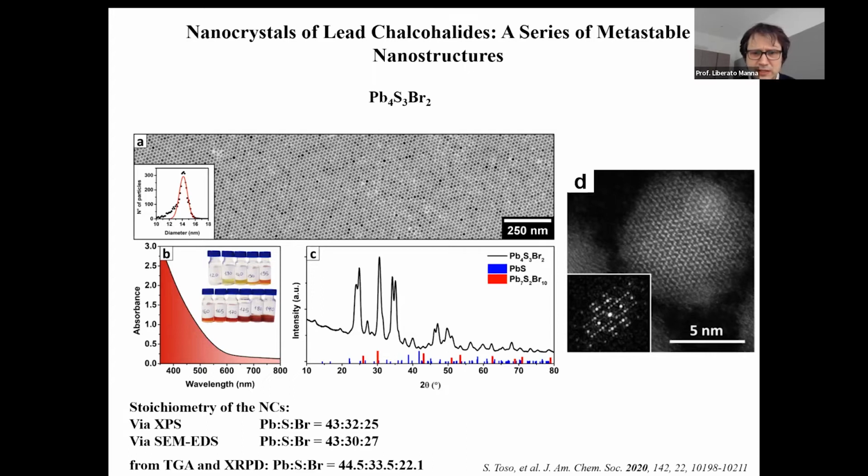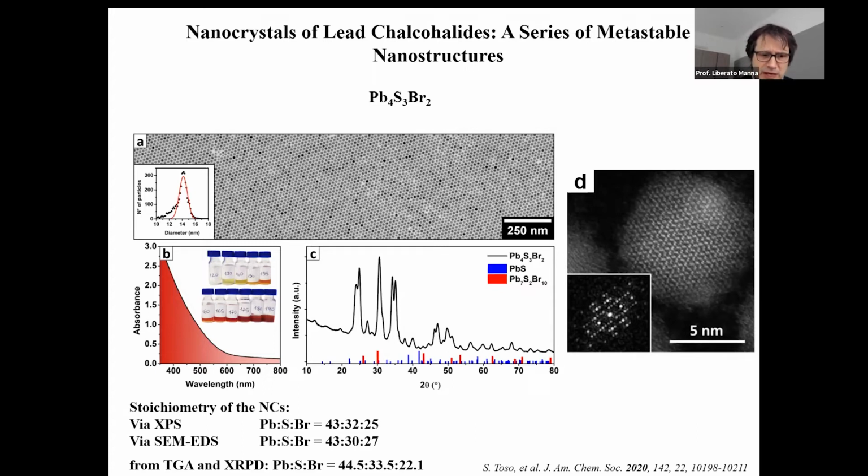These materials, because of the novel crystal structure, could not be indexed to any of the known phases of lead sulfide or lead sulfobromide, which you see here in the central panel C. And so we had to play a lot of tricks to, first of all, figure out their composition.